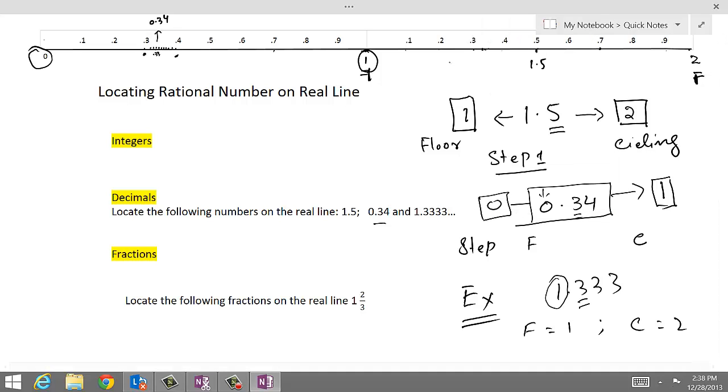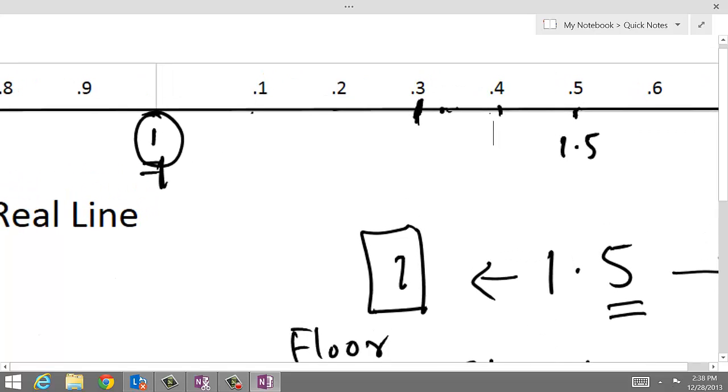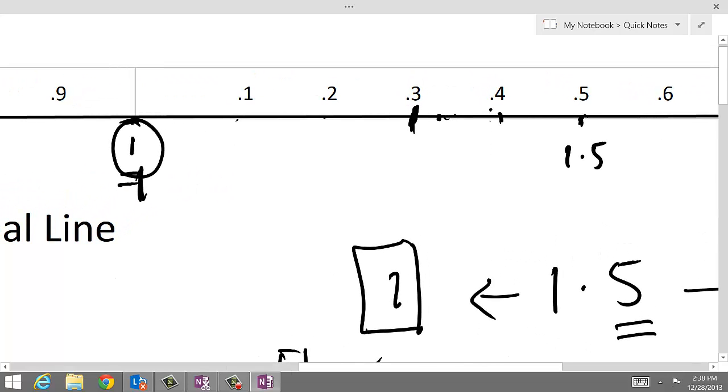For this 0.3, now we are going to establish the ceiling and floor again for the second decimal place: 0.3 and then 0.4 right here. If we divide this space again into 10 equal parts, we find that 0.33 will be right here.